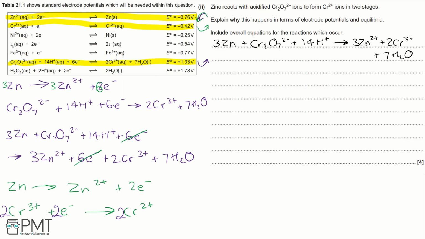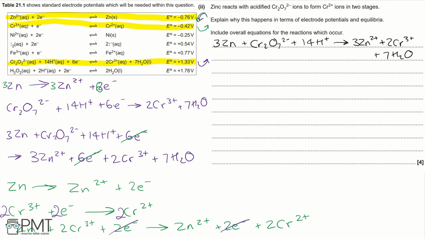So that means our overall equation would be Zn plus 2Cr3+ plus 2 electrons goes to Zn2+ plus 2 electrons plus 2Cr2+. Next, we can cancel out the 2 electrons on both sides of the equation.